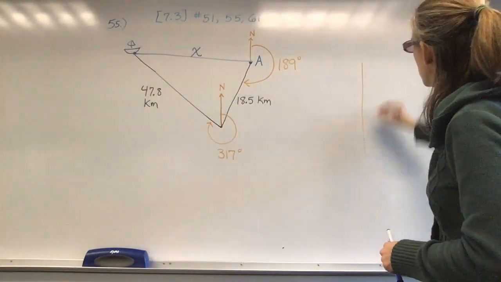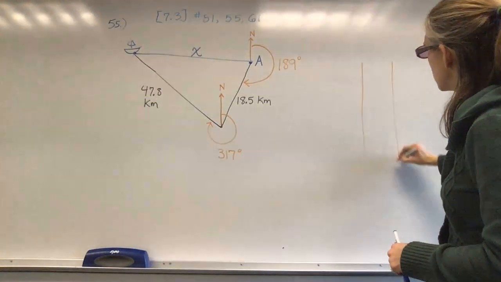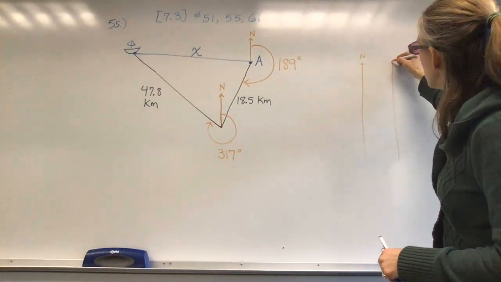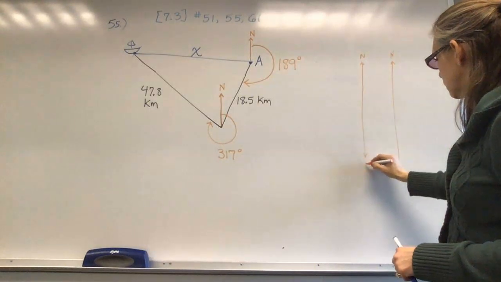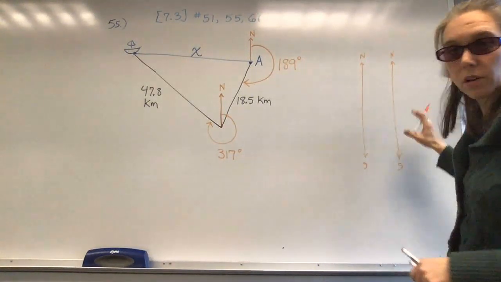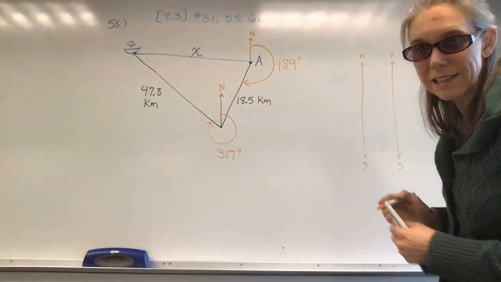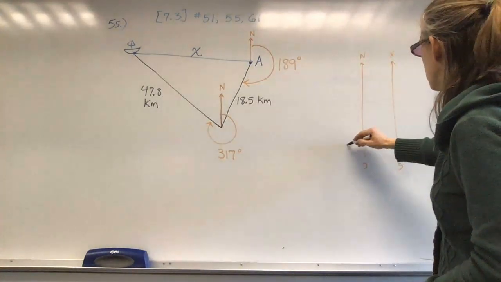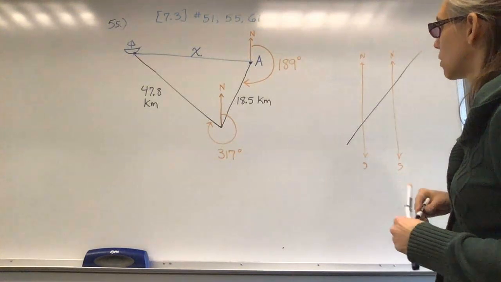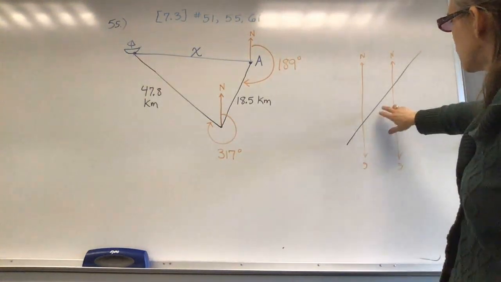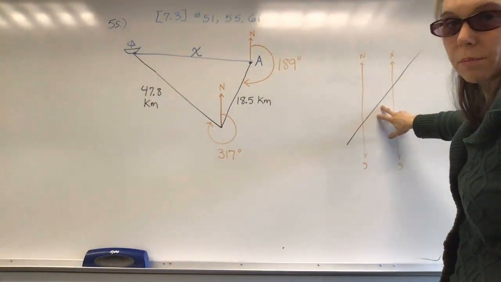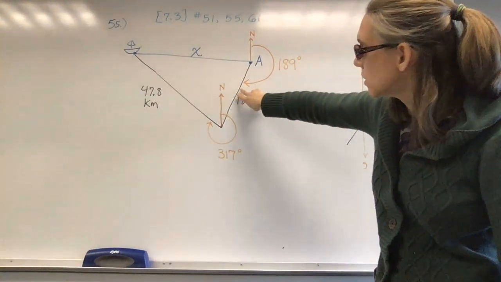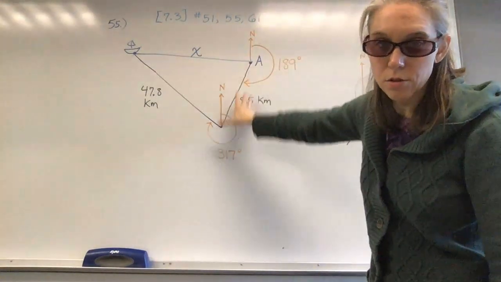If we have two north-south lines, these two north-south lines are parallel lines cut by a transversal like this. Okay. So this transversal here represents this transversal here, and here are the two north-south lines.